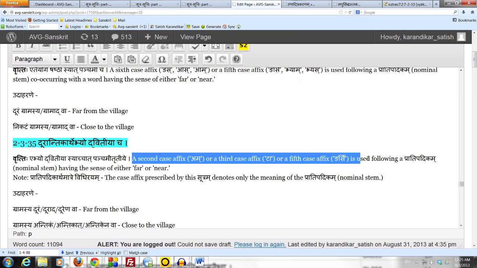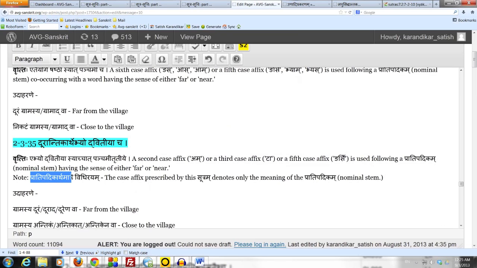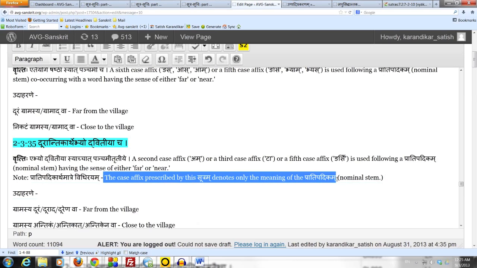A note here says that pratipadikaartha matre vidhi ayam.